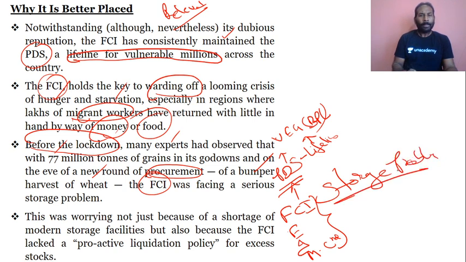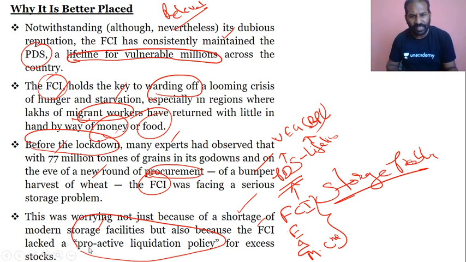So definitely there is a point that self-sufficiency is being attained because of the green revolution, and it is not just because of modern storage facilities, but also because of the FCI's lacking proactive liquidation process. So a proactive liquidation process is also very important for excess stocks.